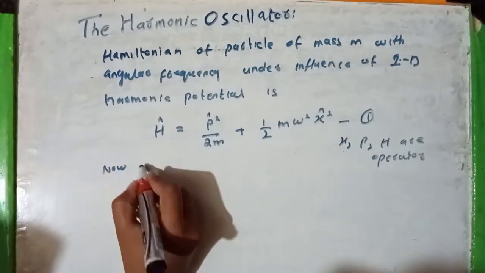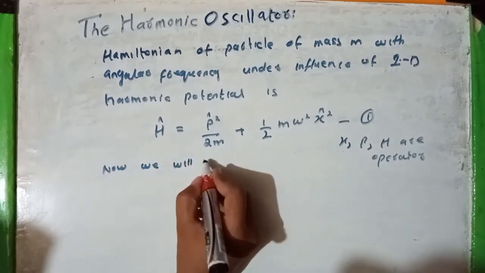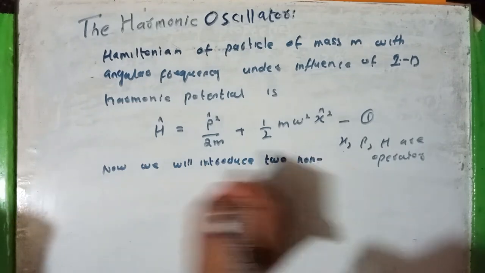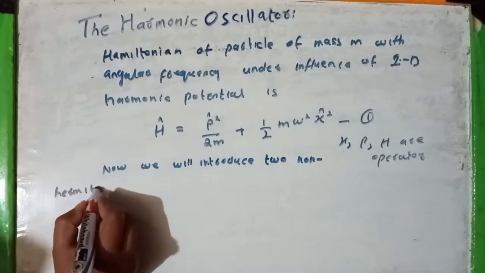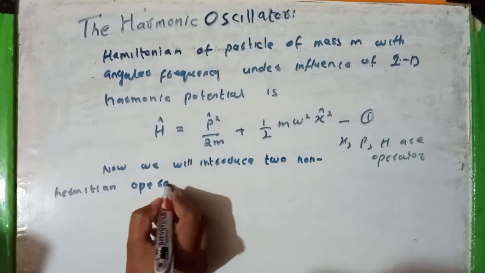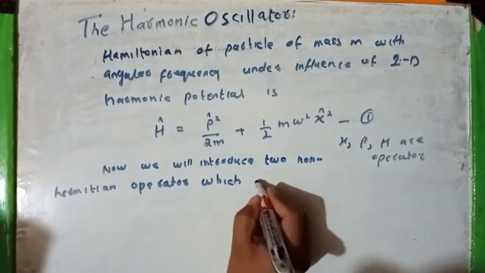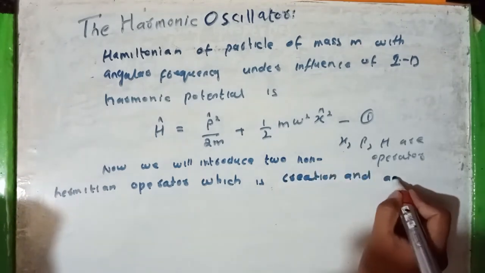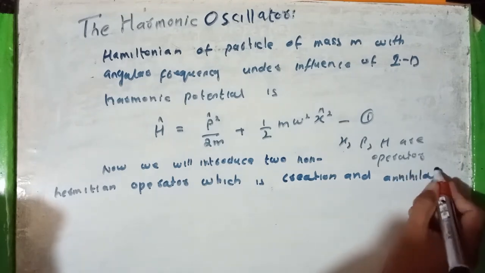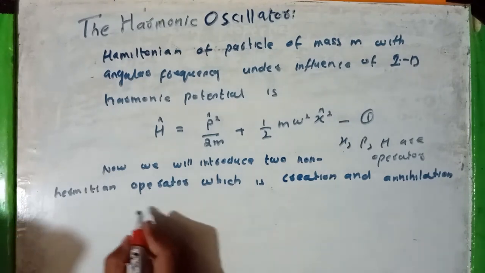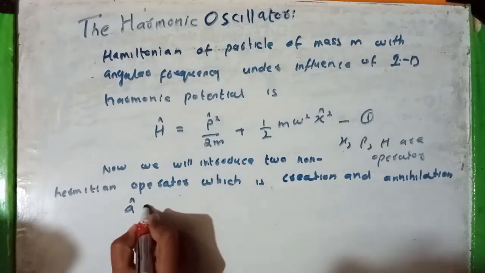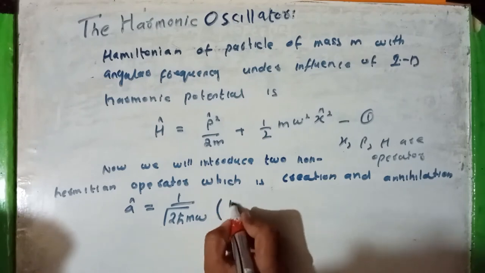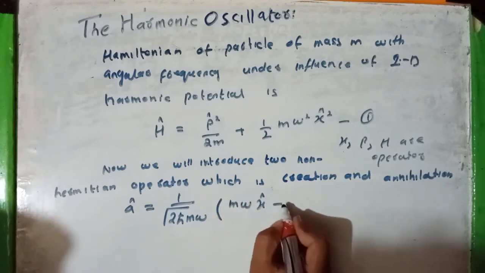Now we will introduce two non-Hermitian operators. The annihilation operator a is equal to 1 over square root of 2 h-bar m omega multiplied by m omega x plus i p.